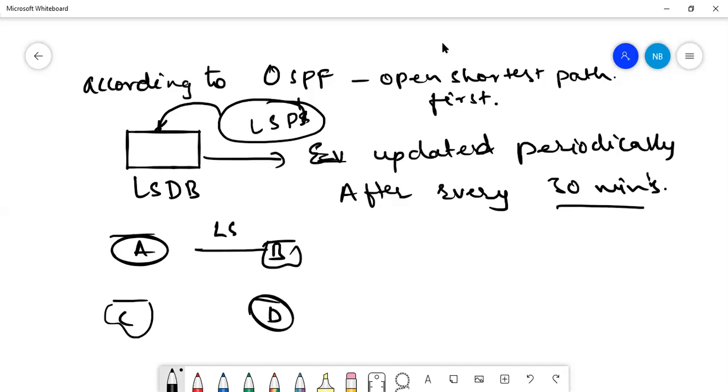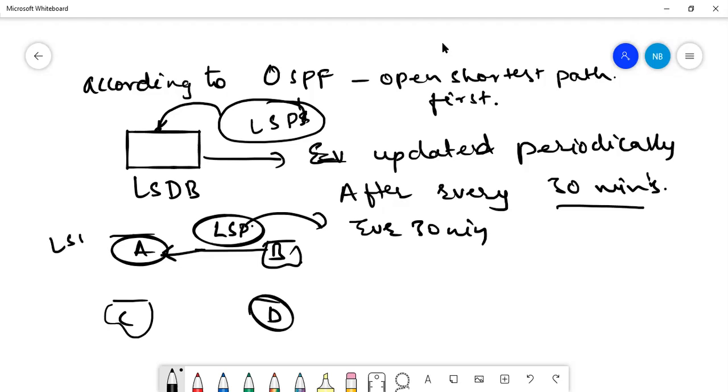So the LSP will get updated every 30 minutes, and that updated LSP will be sent to the neighbor by the particular router, and the LSDB table will be updated by A as well as B. Similarly, all the routers which are connected.